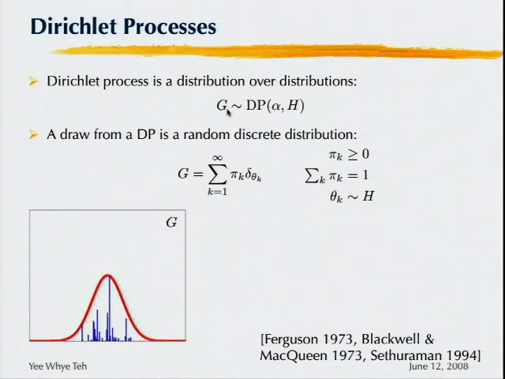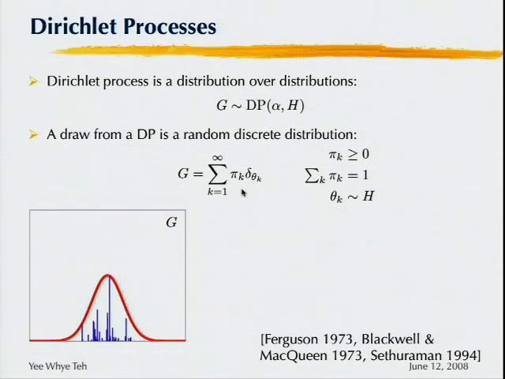What is meant by a distribution over distributions? What's meant is that if you draw a sample from a Dirichlet process, then the sample itself is a distribution. So G is a distribution. In particular, a draw from a Dirichlet process is always going to be a discrete distribution, which simply consists of a number of atoms.